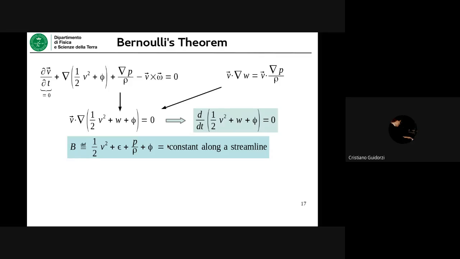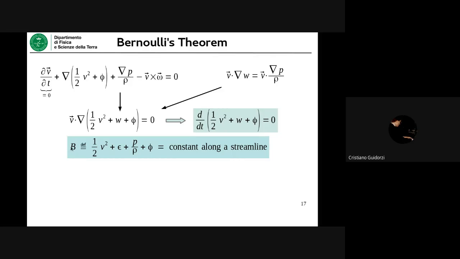Why is this a generalization of Bernoulli's theorem as you saw it in your previous courses? Well, first of all, because there is a thermodynamic quantity, which is the internal energy. We didn't consider the thermodynamic aspect at the time. The second one is that in the case of an incompressible fluid, density is also constant.